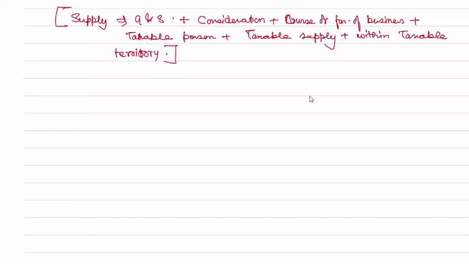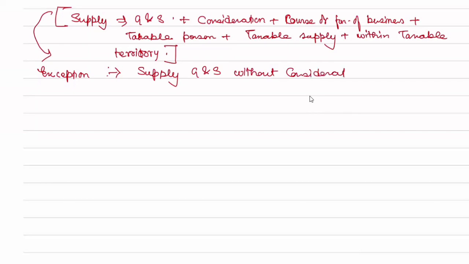Correct. But after that only we studied an exception, which said that if there is a supply of goods and services without consideration, and rest all the points are there, then also it will be supply.